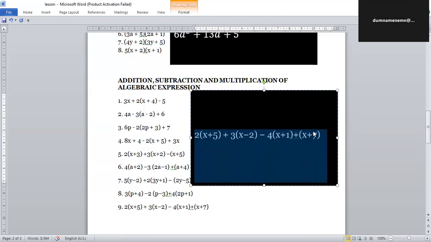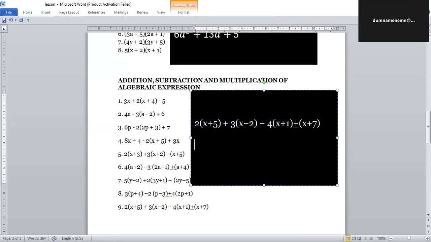All right, see the same thing that we have been doing. What precedes the bracket is going to multiply every single thing in the bracket. So 2 multiply x, you're going to have 2x. 2 multiply 5, you're going to have it to be 10. 3 multiply x, you're going to have it to be 3x. 3 multiply negative 2, you're going to have it to be negative 6.